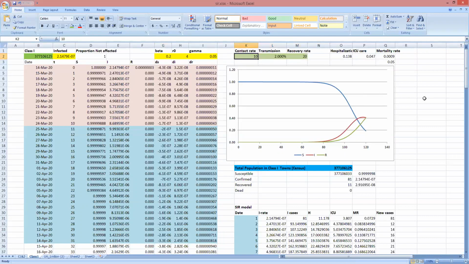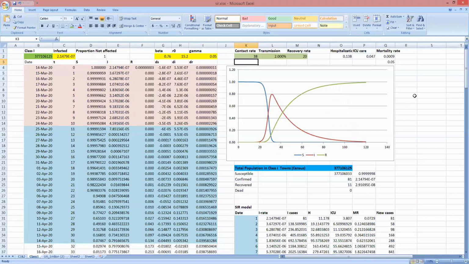Now, before lockdown, I sent you a questionnaire, and one of the questions was, how many people did you meet before the lockdown? The answer came to something like 30. In fact, it was roughly 38.